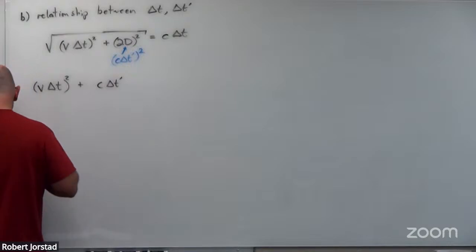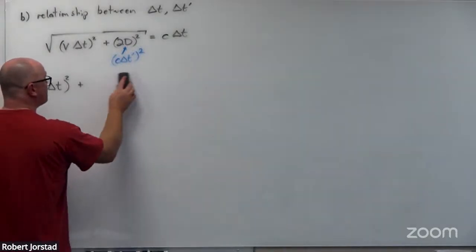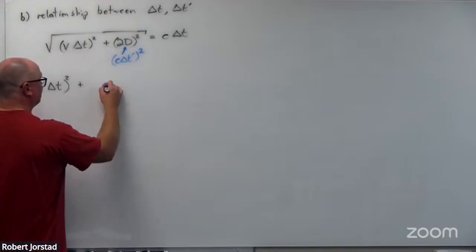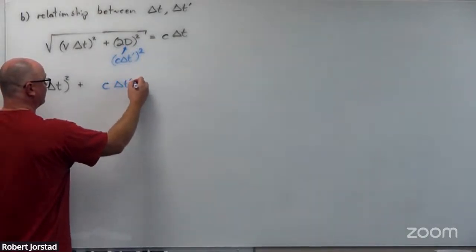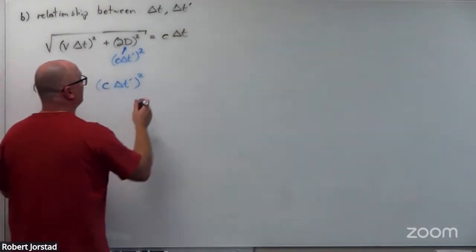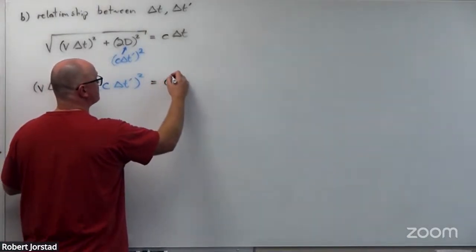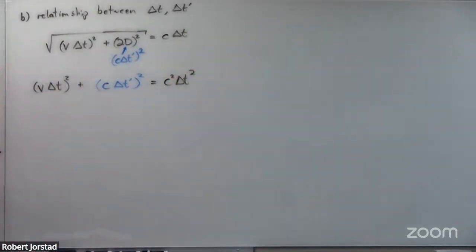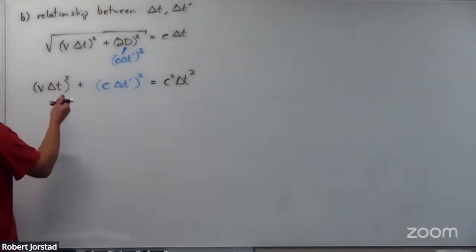Maybe I'll keep that one in blue. So I'm just going to square both sides. Okay. And so now I guess it makes sense maybe to write all of these the same way.